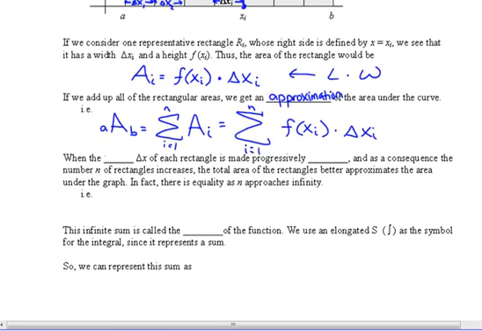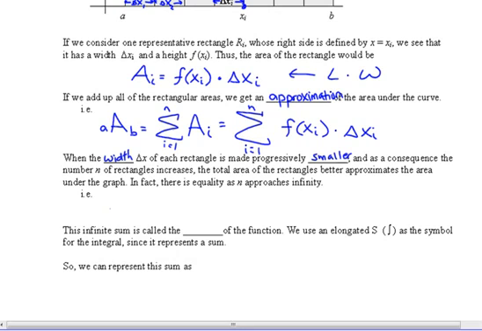Okay, so when the width, delta x, of each rectangle is made progressively smaller, as a consequence, the number of rectangles will increase. So we want to get basically almost infinity rectangles. The total area of the rectangles better approximates the area under the graph. In fact, there is equality at infinity.